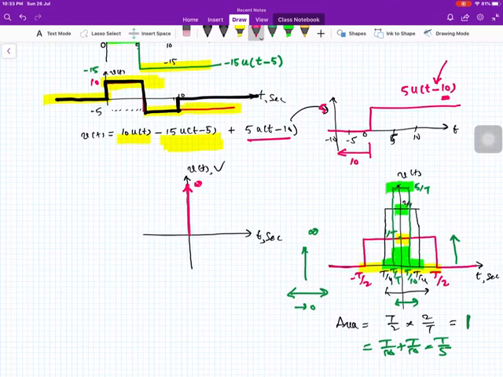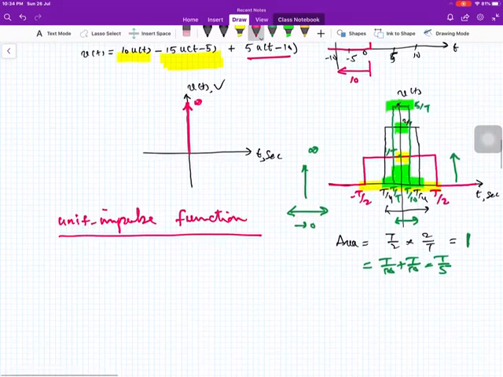So now, due to reasons, we use a unit impulse function. You will see the detailed mathematical description due to limits in another course in higher level, in higher semesters.